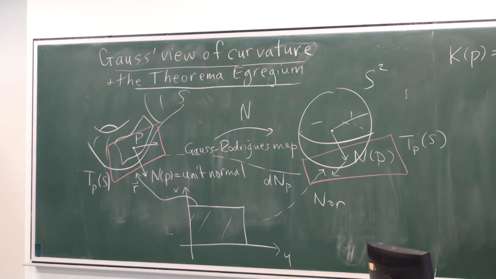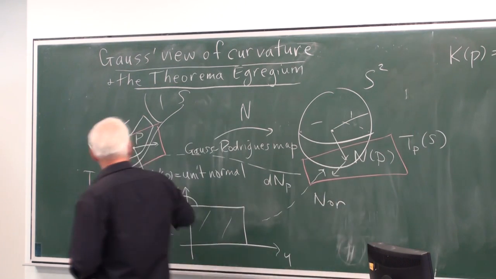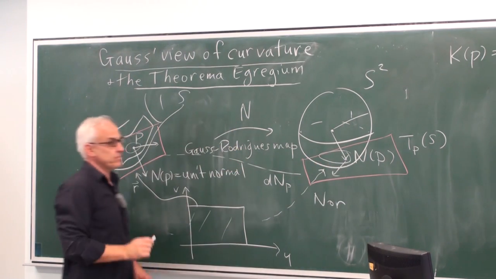So it's a ratio of areas. So let's say the d area of S2 over d area of S. It's a local comparison between a small area here and the corresponding area over here.